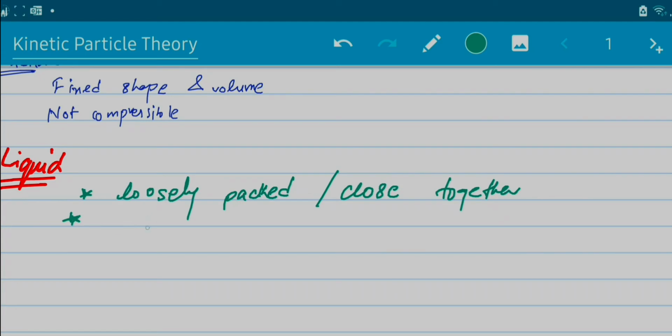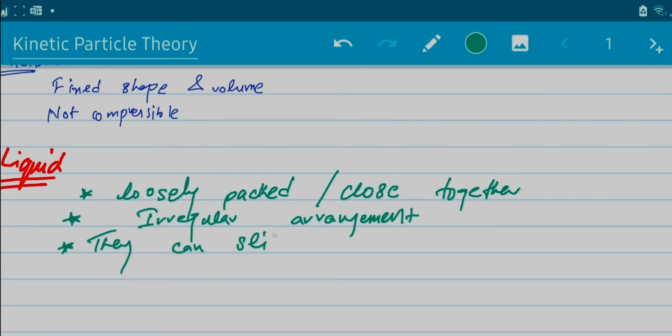The second one states that they have irregular arrangement. For instance, when we shake the water bottle, the water moves, so they have irregular arrangement. They can also slip and slide over each other, giving the property of a liquid.